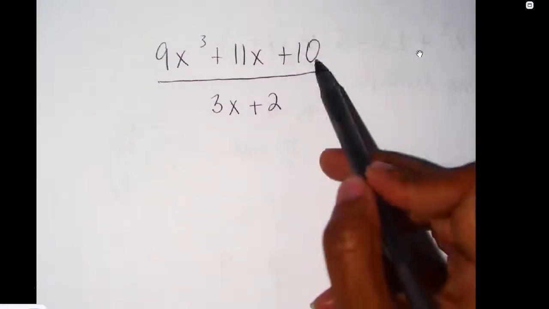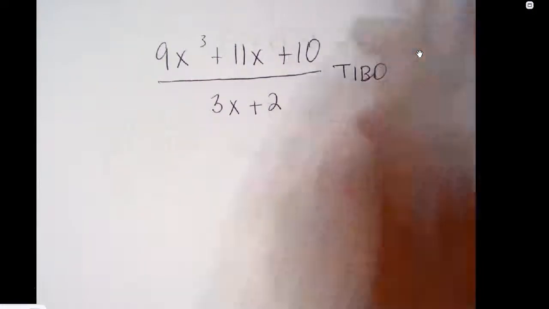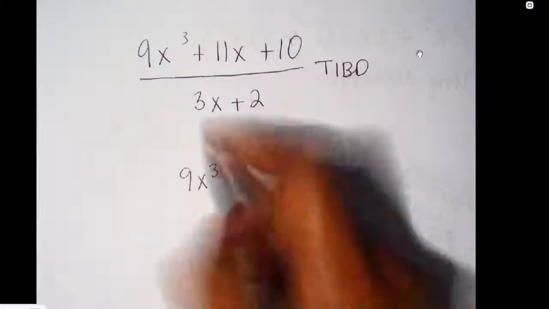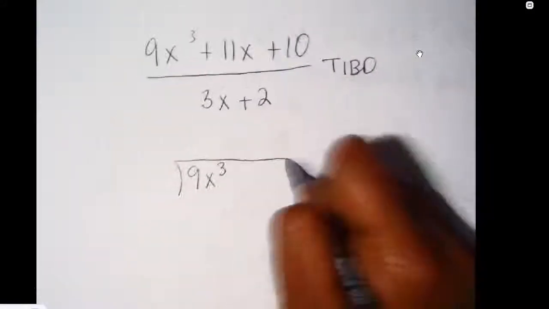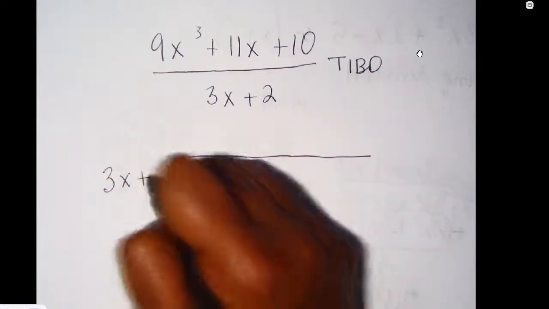All right, so again, top in, bottom out. So I'm going to write my T-bow just so y'all can see that being consistent. So I'm going to put all of this expression into the division house.